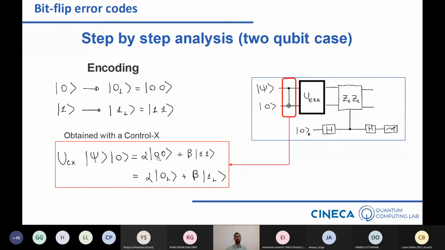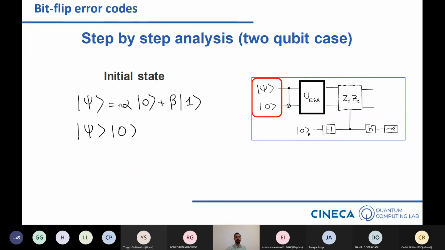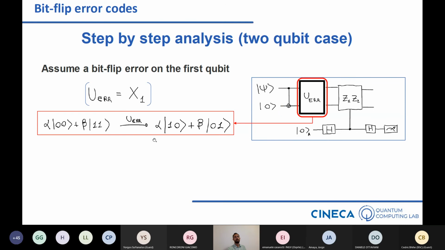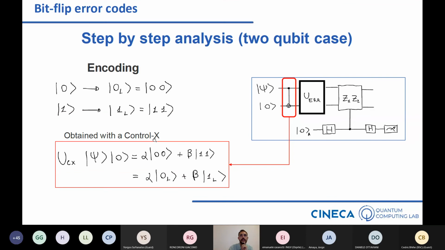you encode the initial state 0 plus 1 into this other state. In this sense, we have redundancy. Because what you want is, you have some probability of error. So classically, you do this because maybe the probability of error for 1 bit is p.